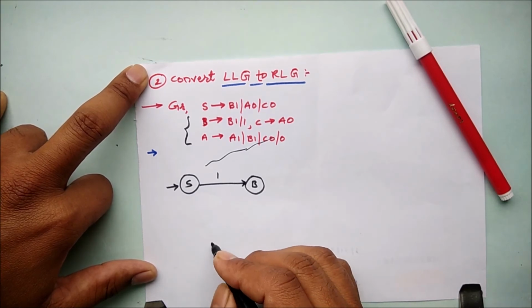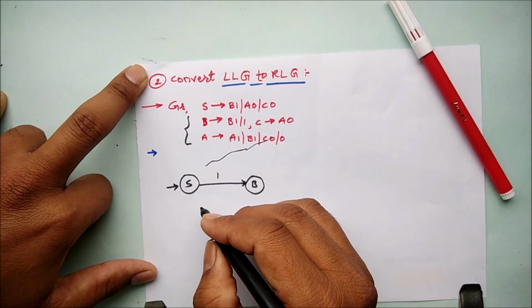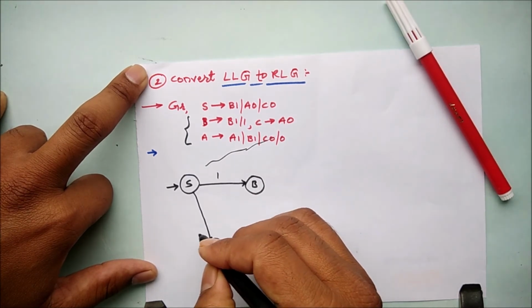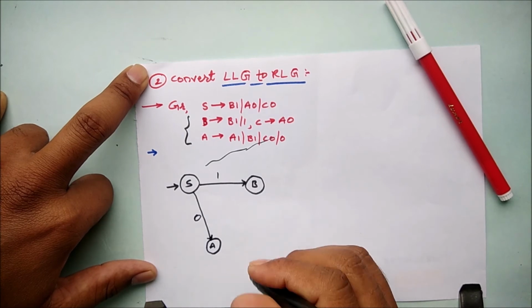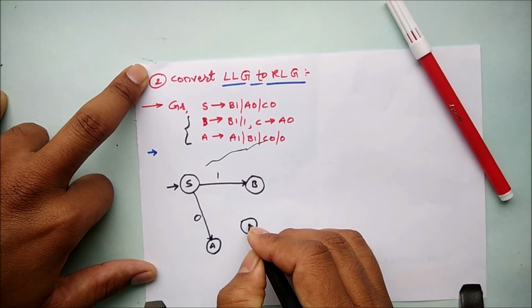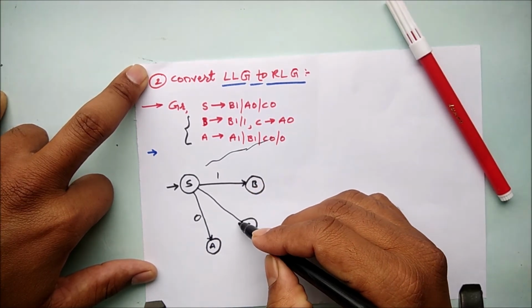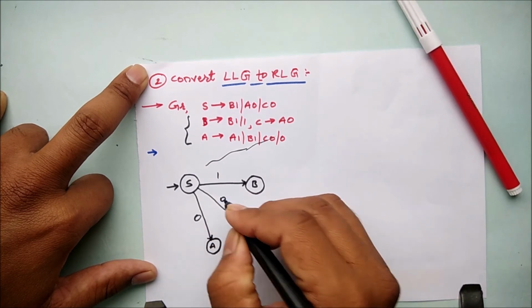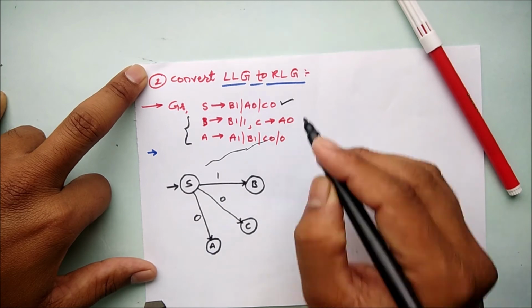S gives A with the input 0, and next S is also going to C, so I will make it here C, and the given input is 0, right? So this finishes my first production rule.